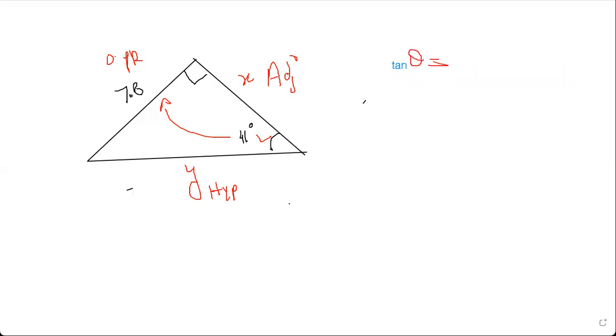Tan theta is equal to opposite over adjacent. Opposite is given, adjacent is not given, and the rest of the things are given. So tan 41.